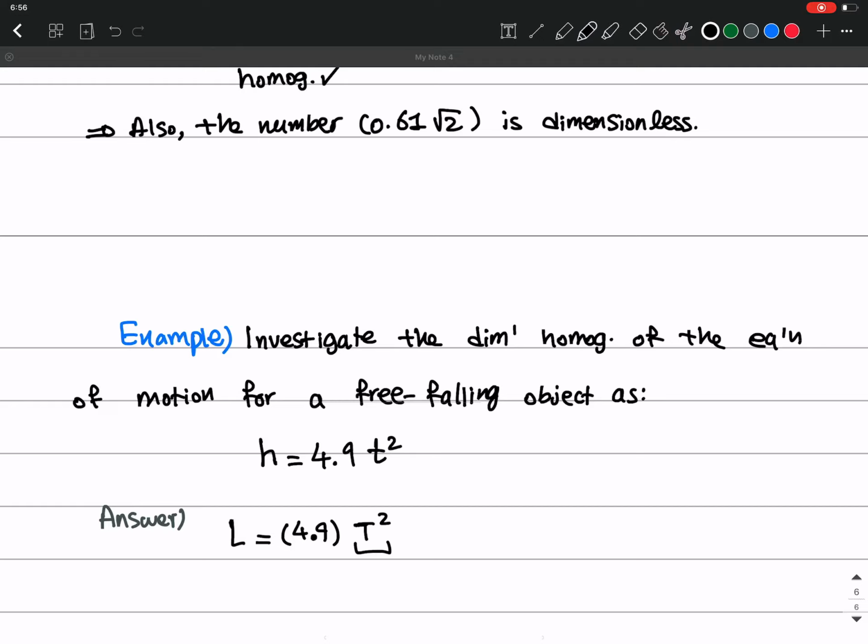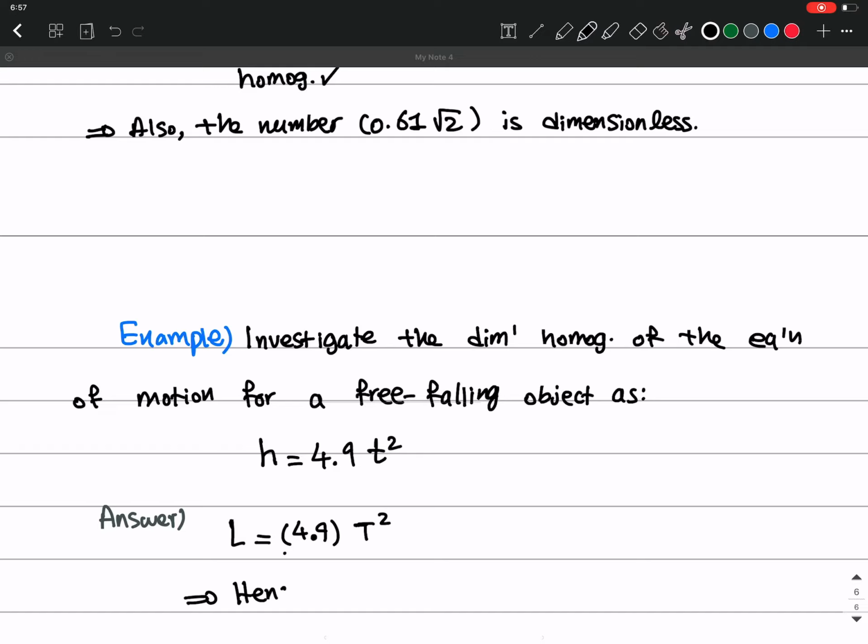So how can this be correct, if we know that this equation is dimensionally homogeneous and correct? The only way it is possible for this equation to be dimensionally homogeneous is that the number 4.9 should have a dimension.